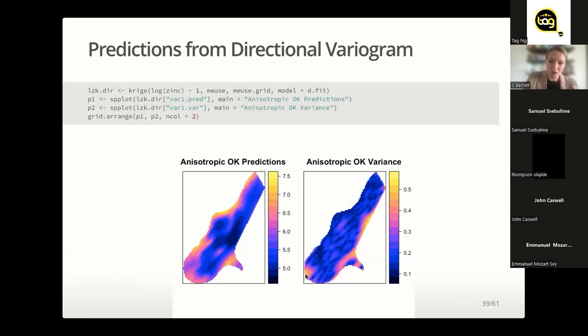But you'll notice now we see these kinds of patterns in the variance at a 45-degree angle, right? Because that's the angle that has the longest range. So we're saying, hey, predictions that are in the 45-degree angle of points that are observed have less uncertainty because we have more spatial dependence in that direction. So that's what's going on right here. That 45-degree angle doesn't seem to impact the predictions as visibly, but certainly the uncertainty.